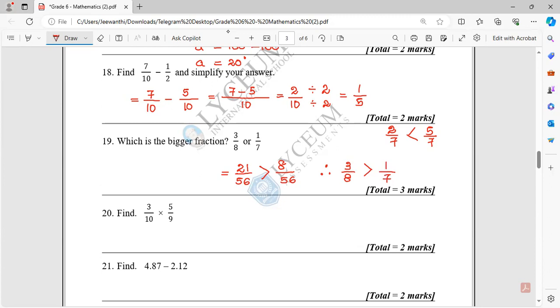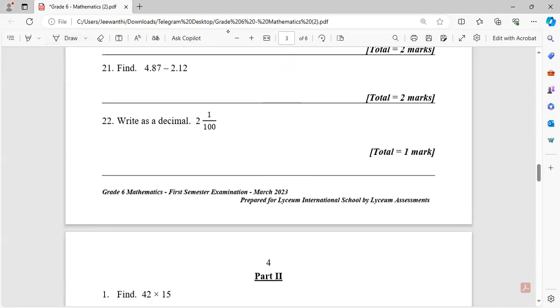That is how you conclude. There is another method with unit fractions also. I'm not going to explain that method. By any chance, if you have done it with the unit fraction method, you should get the same answer: 3 over 8 is bigger than 1 over 7, right? 7 times 8, yes.